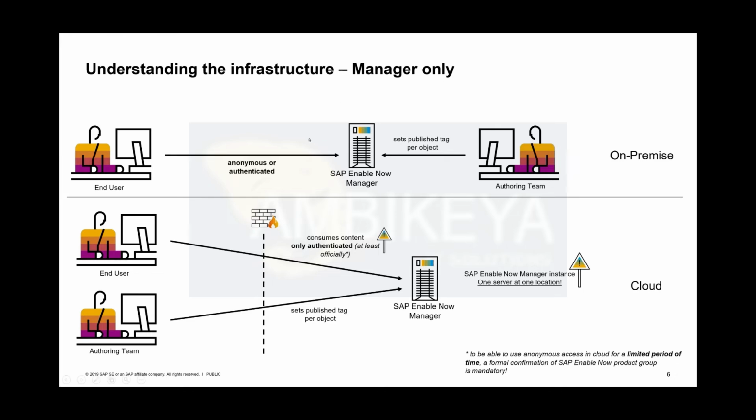However, accessing content in that scenario, top line again anonymous or authenticated, bottom cloud only authenticated, will always happen via deep links. And we're going to go into detail about the deep link magic that we have within Enable Now later in the practical phase.